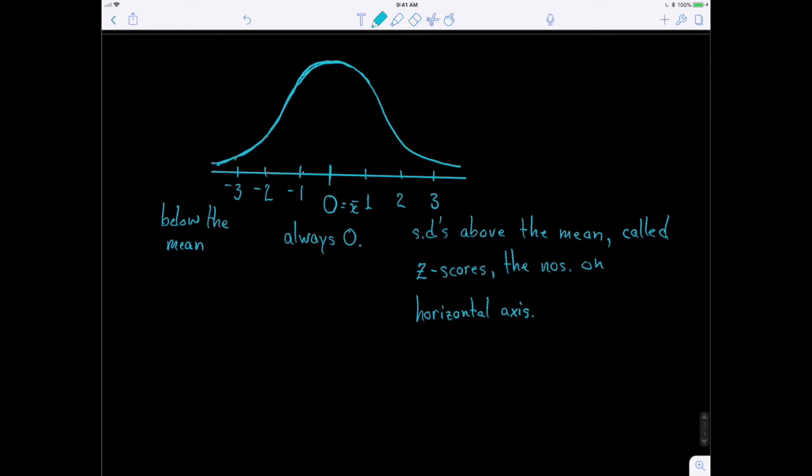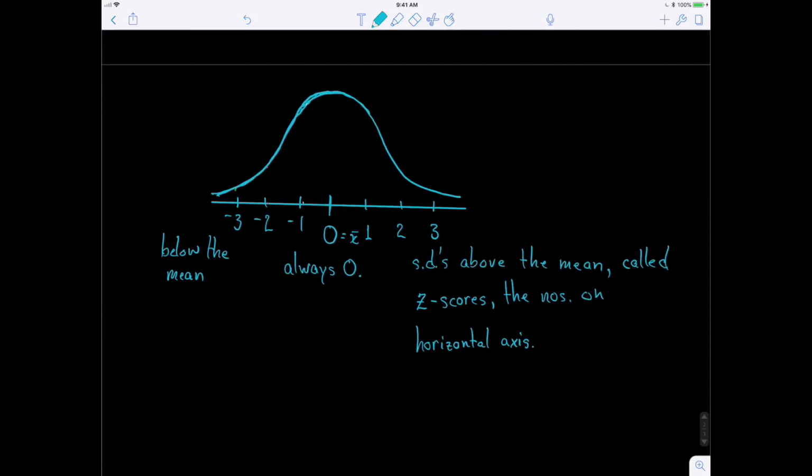Okay. Now, a few more things. Notice here that the curve never touches the z-axis.